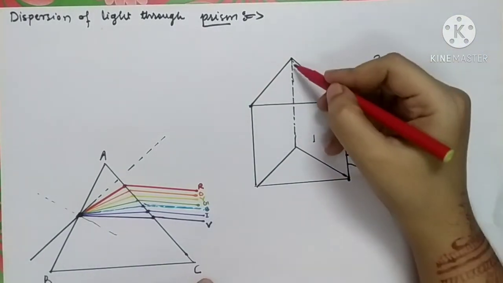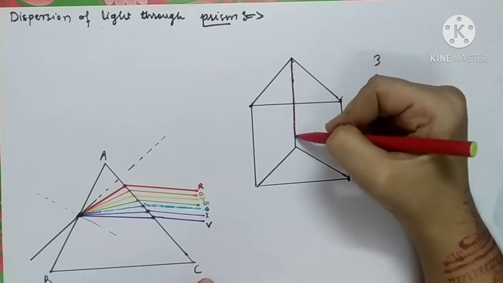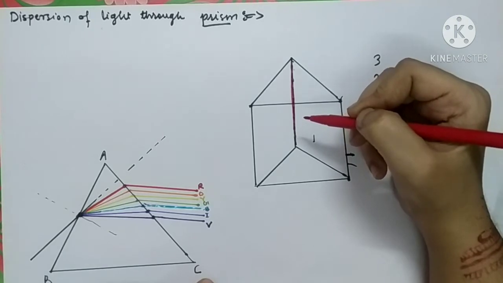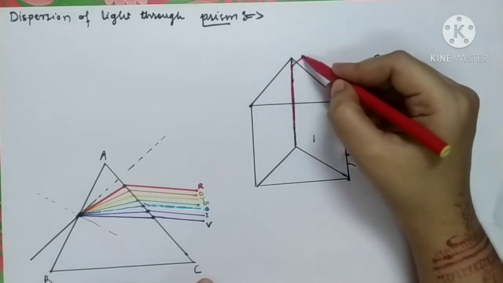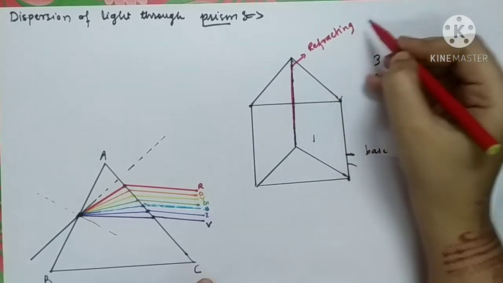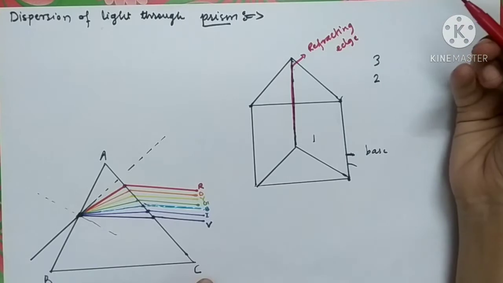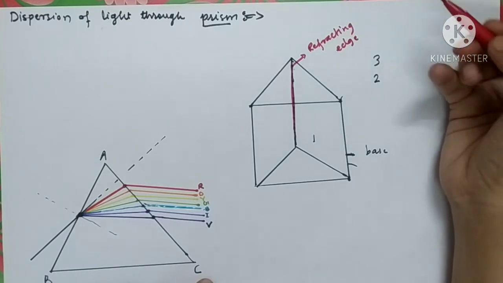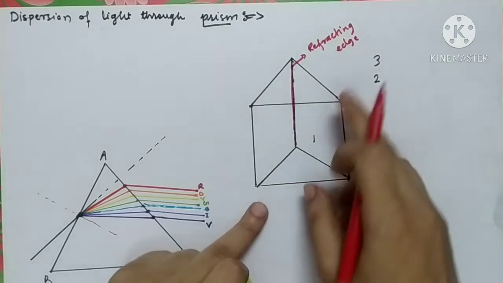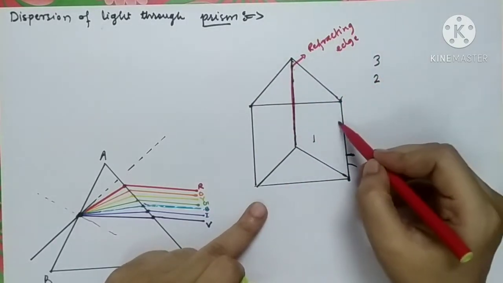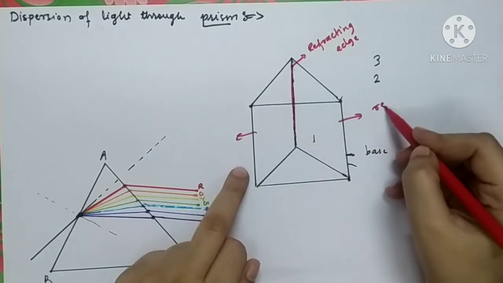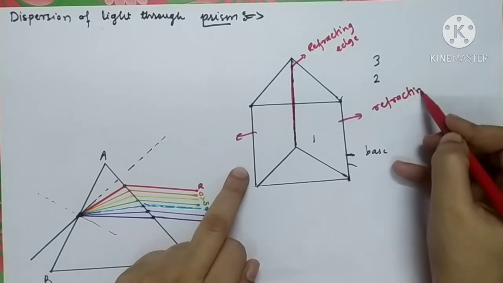This edge is called the refracting edge of a prism. And the two surfaces which are joined by the refracting edge, this one and this one, are called refracting surfaces.